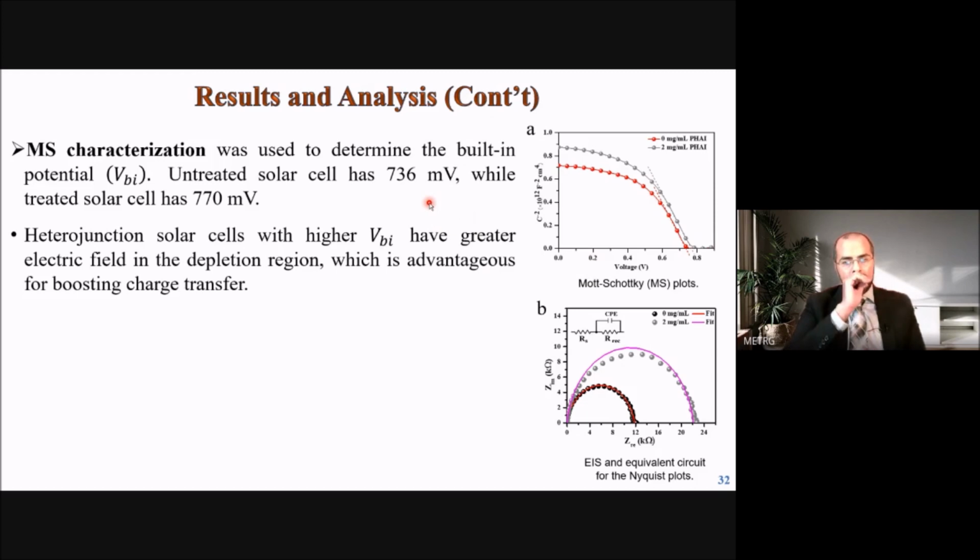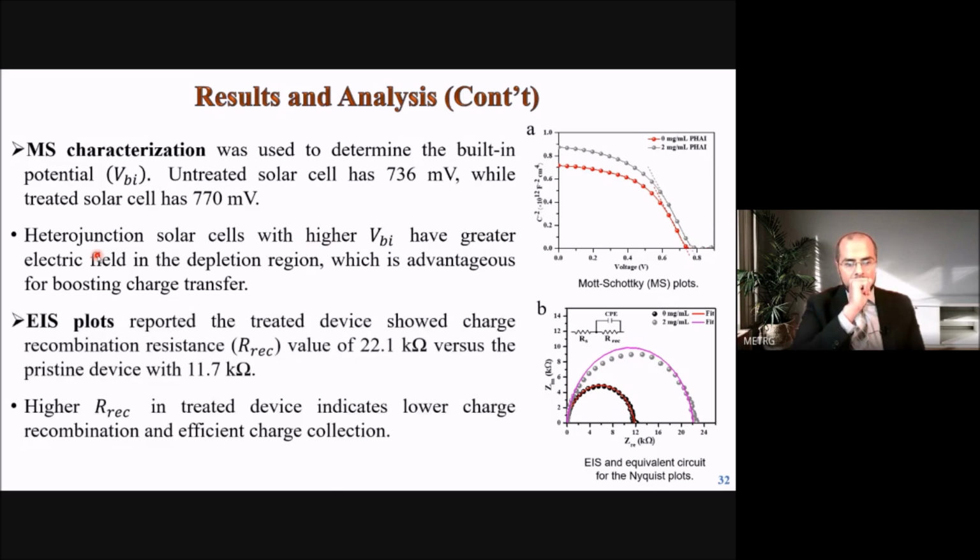In our conditions, we see that the control cells have 736 millivolts. On the other hand, the treated one has 770 millivolts. Also, we know that a heterojunction solar cell with a higher VBI has a greater electric field, and that boosts the charge transfer.